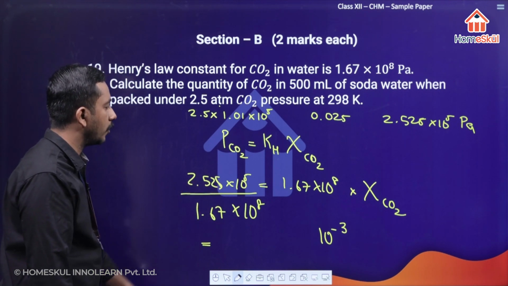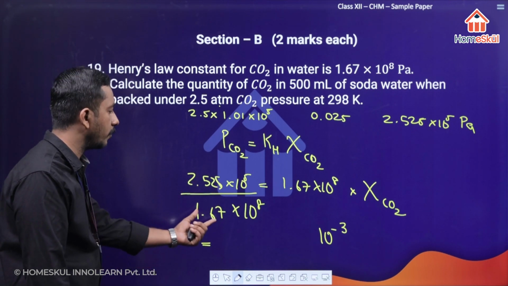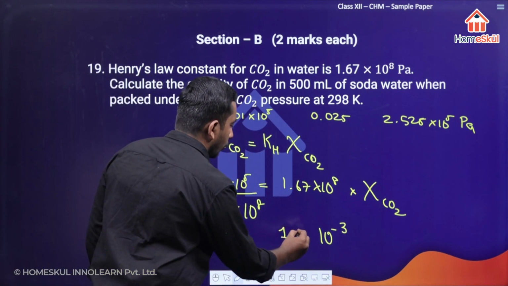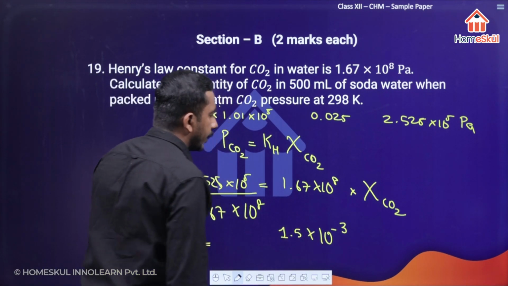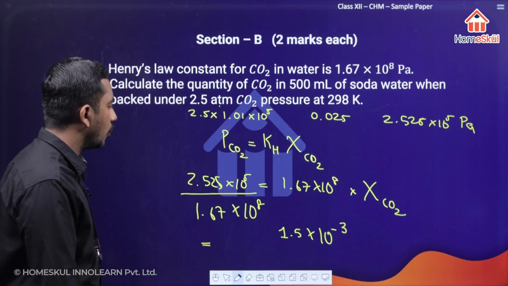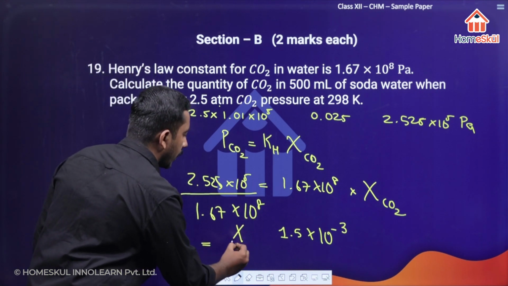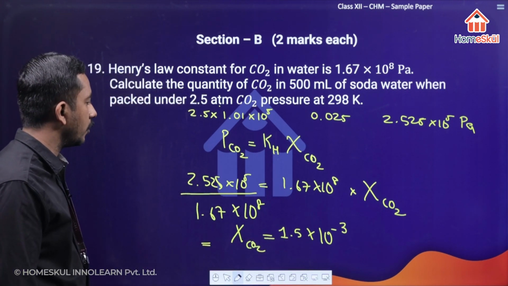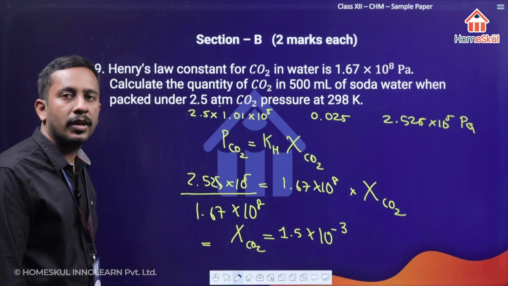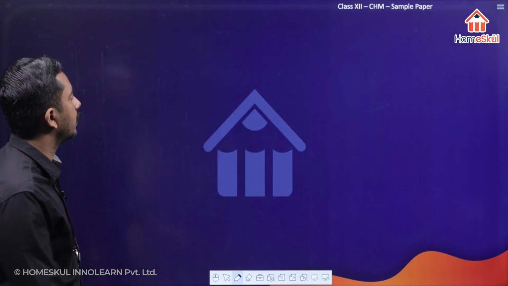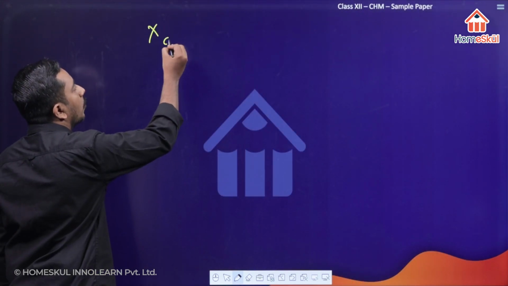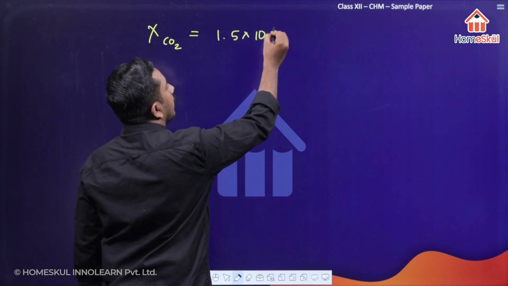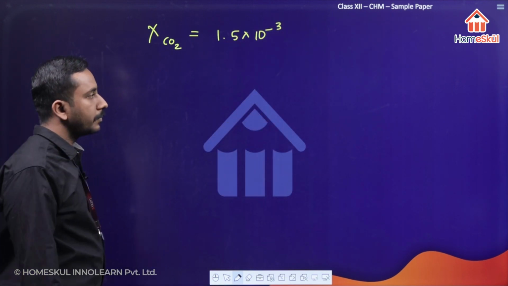Right, so 2.525 is roughly 1.5 times that of 1.67. So we'll have our answer as 1.5 × 10^-3. That is going to be the mole fraction of carbon dioxide. So I got the mole fraction of carbon dioxide to be 1.5 × 10^-3. We'll just take a note of that here.